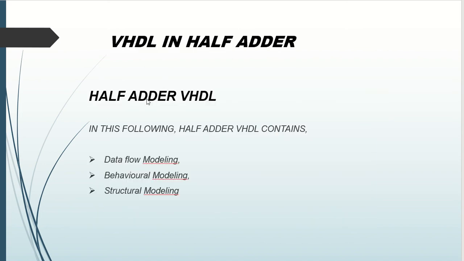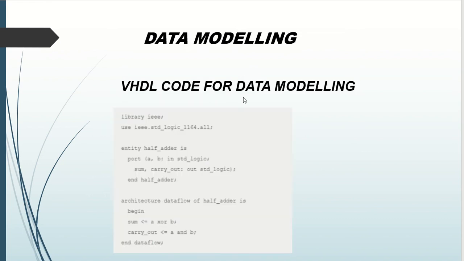VHDL code for half adder. The half adder VHDL contains data flow modeling, behavior modeling, and structural modeling. Data flow modeling. VHDL code for data flow modeling. Library IEEE; use IEEE.std_logic_1164.all is a package.